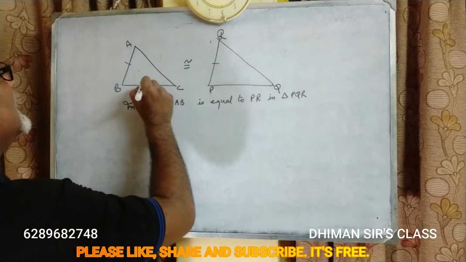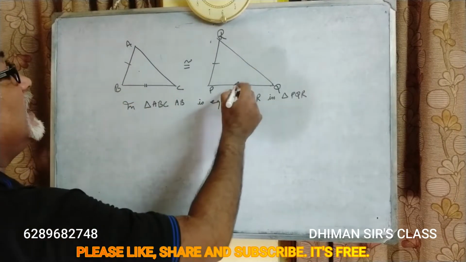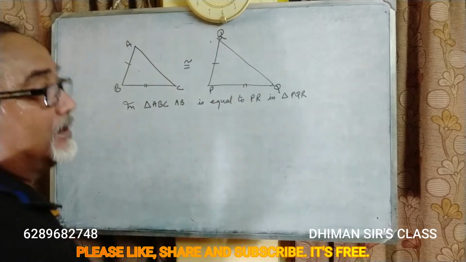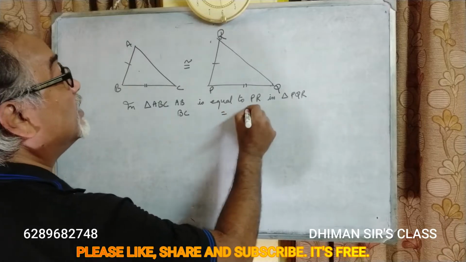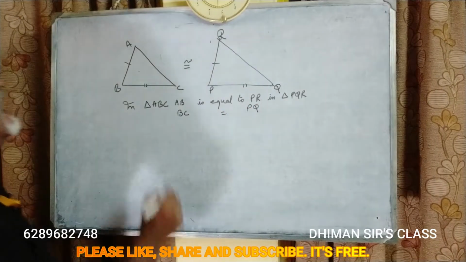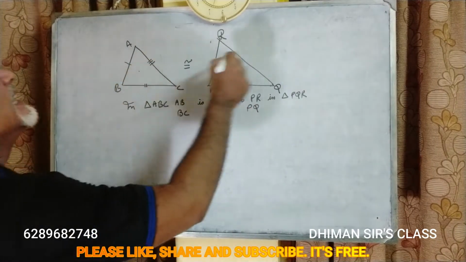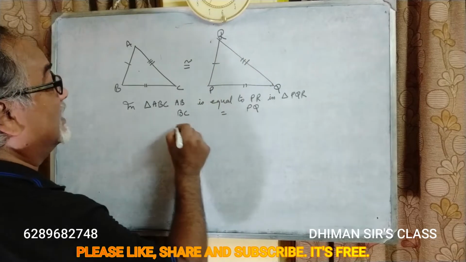And BC is equal to PQ here. That means BC is equal to PQ and AC is equal to QR.